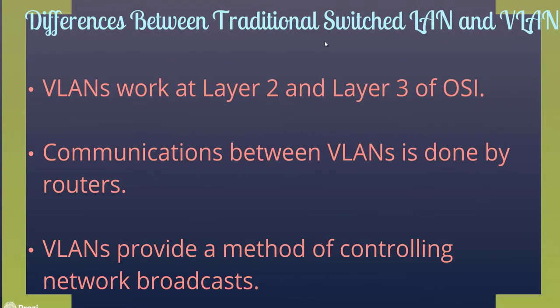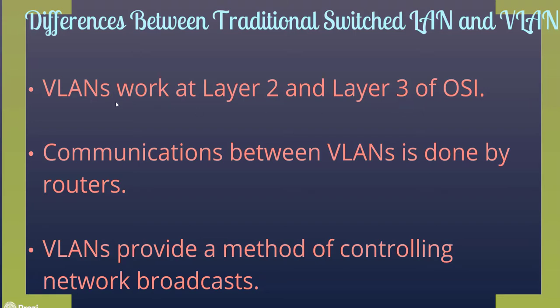So, differences between traditional switched LAN and VLANs. VLANs work at layer 2 and layer 3. Remember, layer 2 and layer 3. If you talk about layer 2, what kind of address? That's the MAC address. But if it's layer 3, that's the IP address.